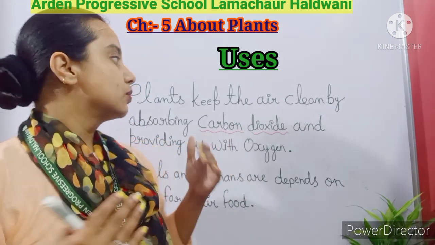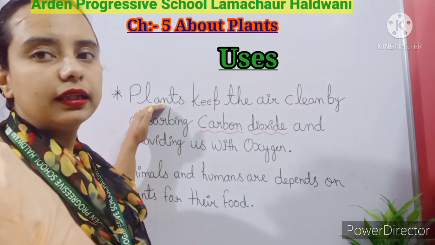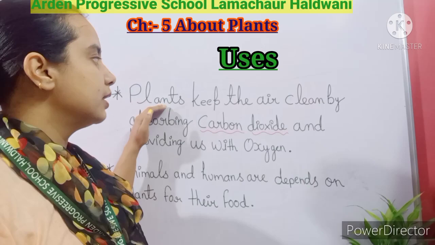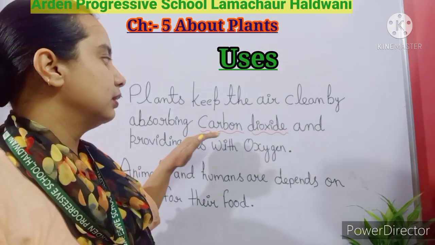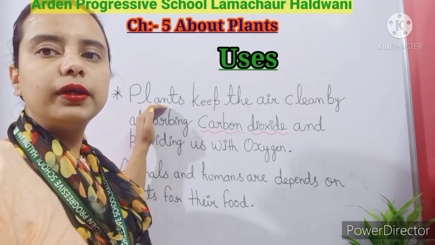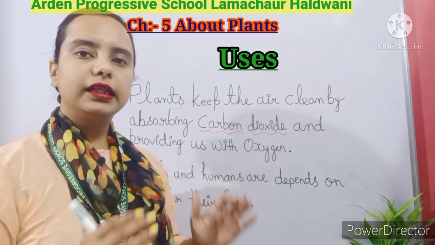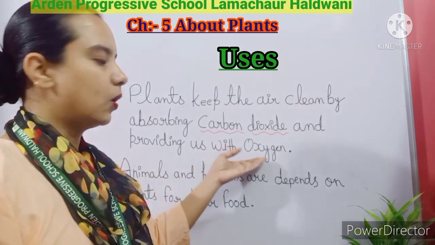That carbon dioxide is absorbed by the plants. Means they are cleaning the air. जब कार्बन डाइऑक्साइड को प्लांट एब्जॉर्ब करते हैं, मीन्स वो एयर को क्लीन कर रहे हैं, और प्रोवाइडिंग अस विद ऑक्सीजन.